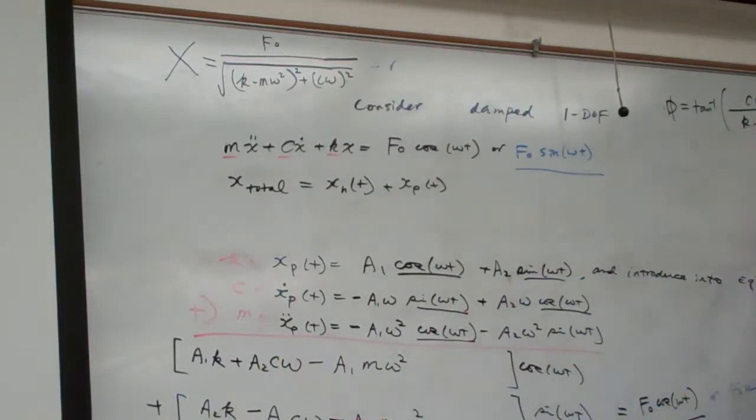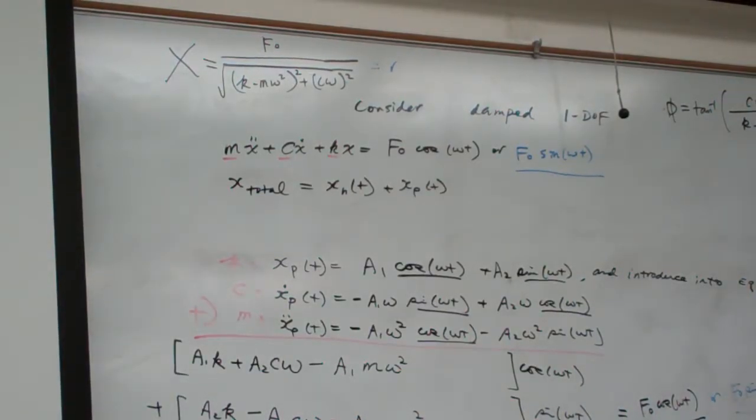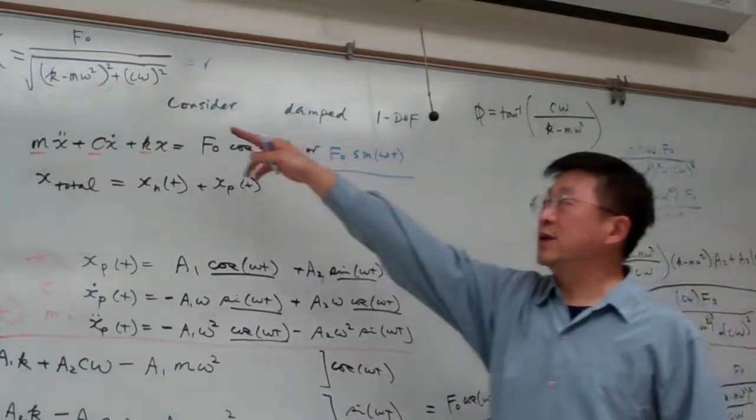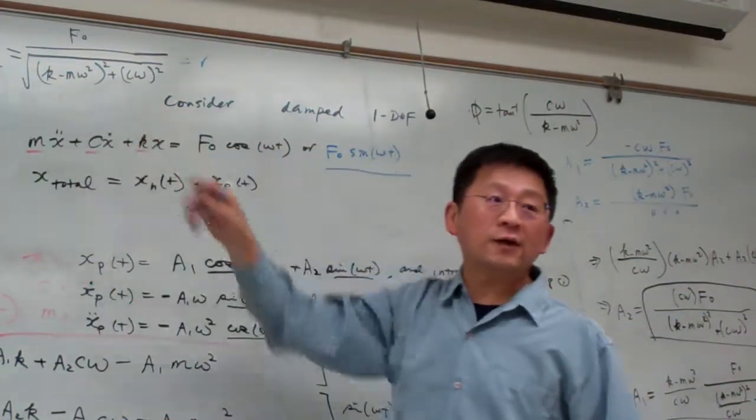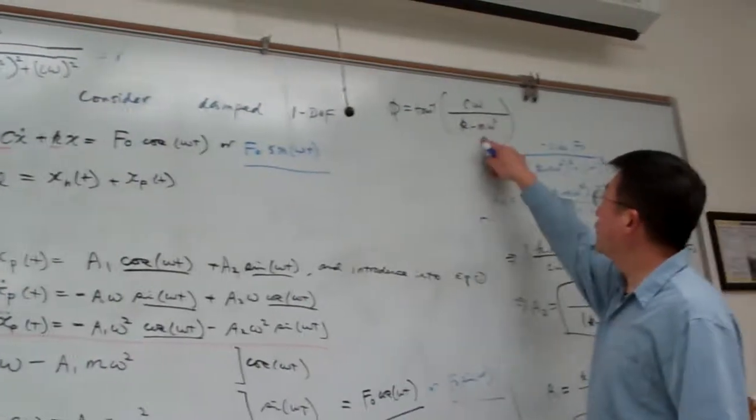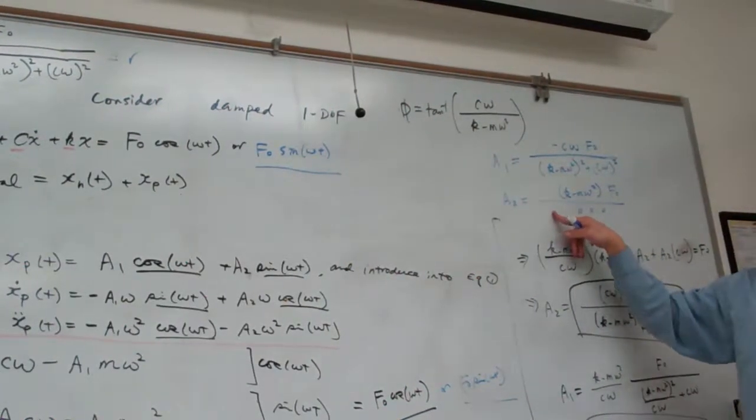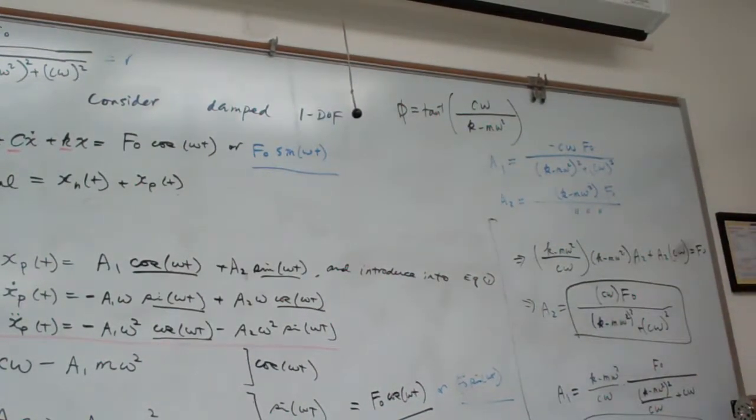If you conduct the sum of the square terms and take the square root, that will be the same as this one. The phase angle corresponding to the blue one, you can imagine, will be 90 degrees apart.